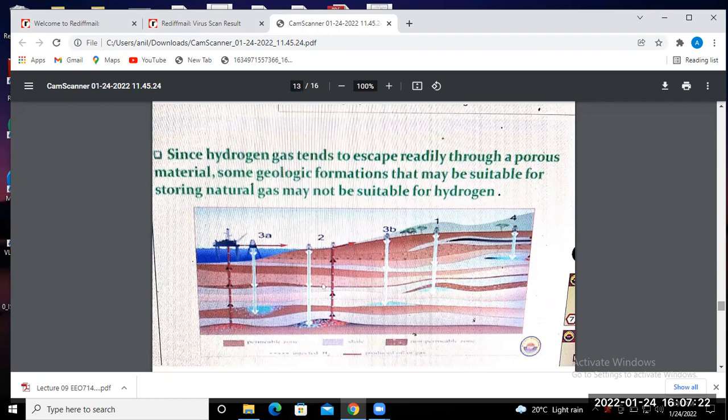Underground storage is simpler for natural gas, but due to geological reasons it may not be possible to store hydrogen with the same capability, since hydrogen tends to escape through certain porous materials.